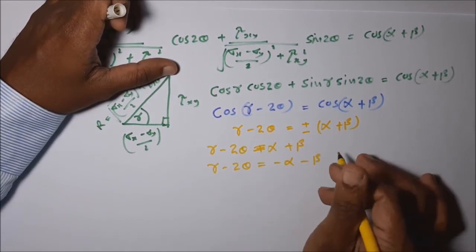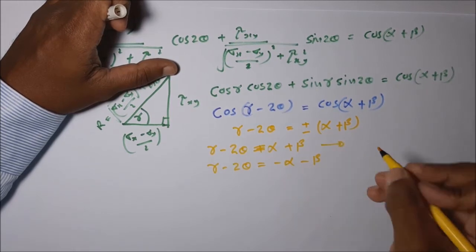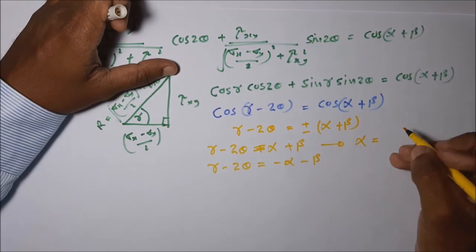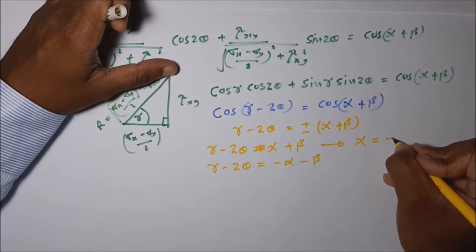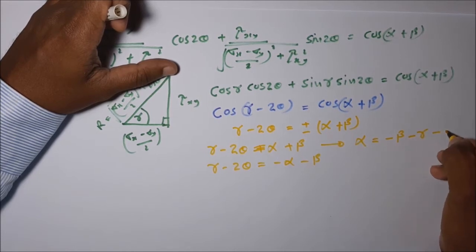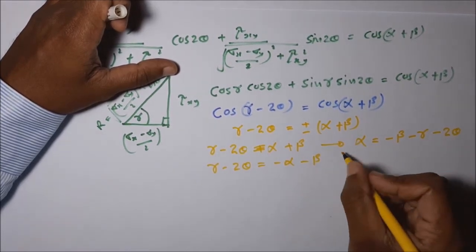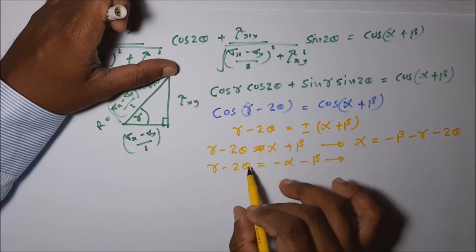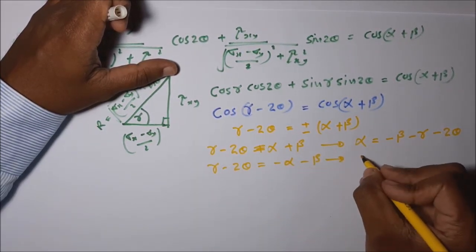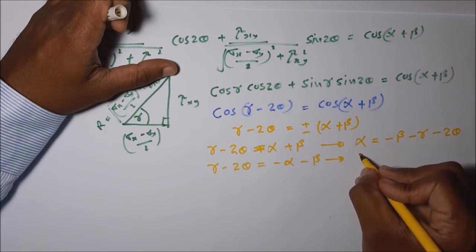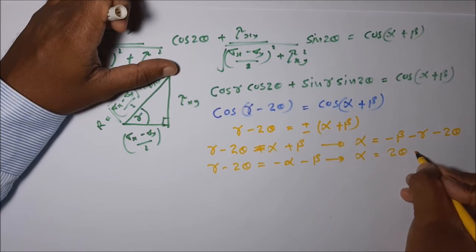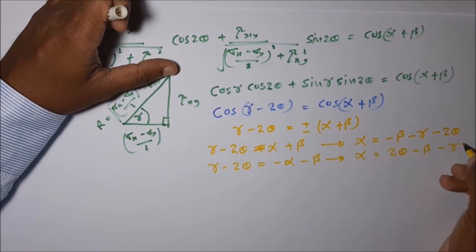By making alpha the subject in this equation, we are getting alpha is equal to 2 theta minus beta minus gamma.